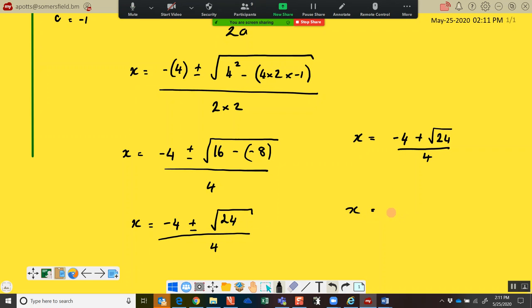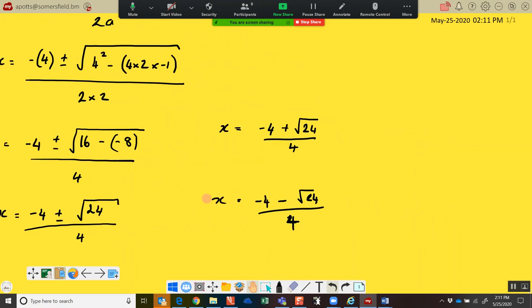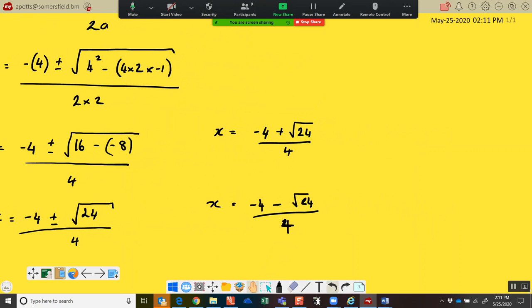and -4 minus root 24 over 4. So when you say the answers, was it in exact form or in decimals? Simplified to exact form. So what do you get if you simplify these?